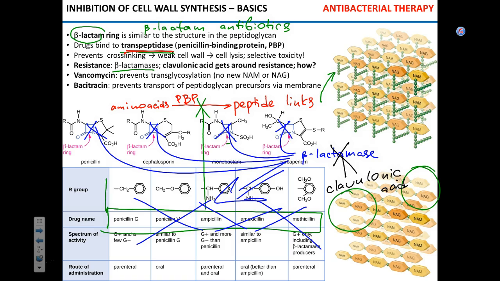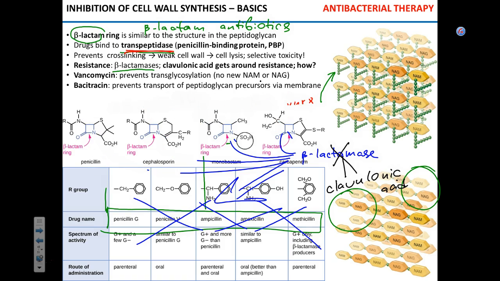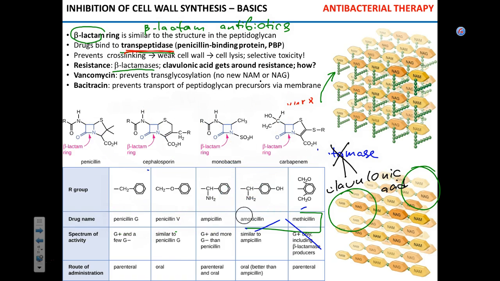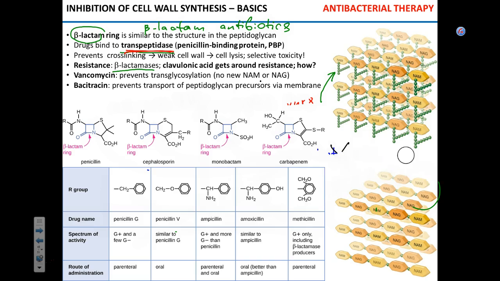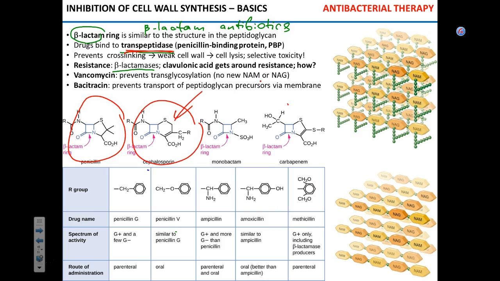Now, one thing that I want to demonstrate here: you may wonder, what's the difference between different beta-lactams? The difference is in the side chains. So you can see that this is the structure of penicillin. This is cephalosporin, so these parts are different.